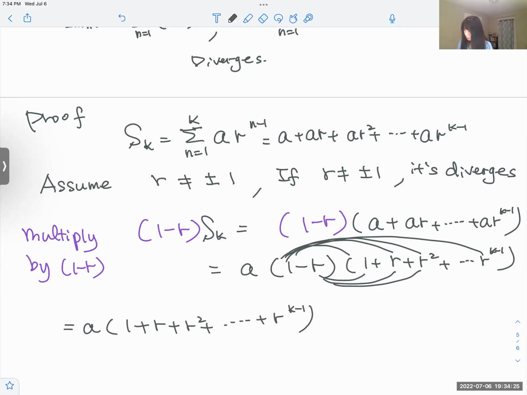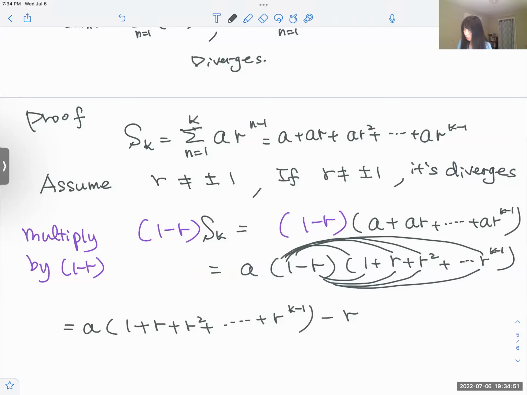Okay, so like that. So this will be negative r. Then the second term is r squared, right?